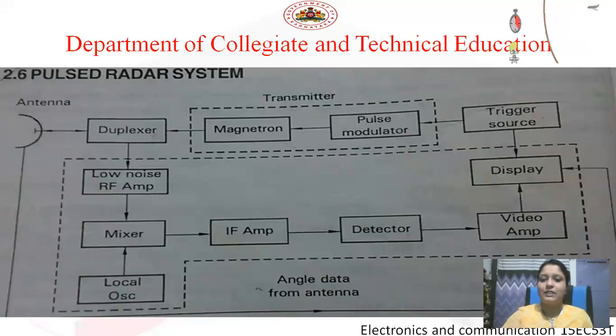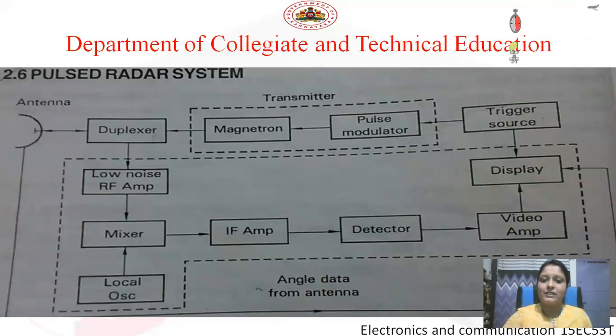Therefore, this pulse modulator is there. The main job of the pulse modulator is to turn the magnetron on and off such that the signals generated are transmitted in the form of pulses. Whenever it is on, the pulse is transmitted, and whenever it is off, the signal is blocked. Therefore, whatever signal is generated is transmitted in the form of pulses.